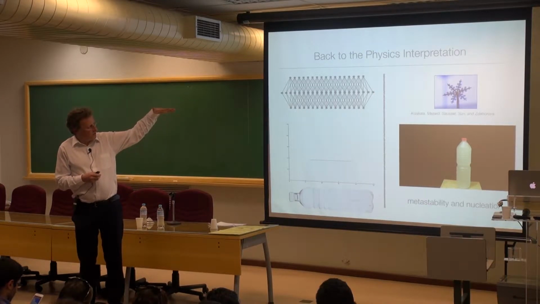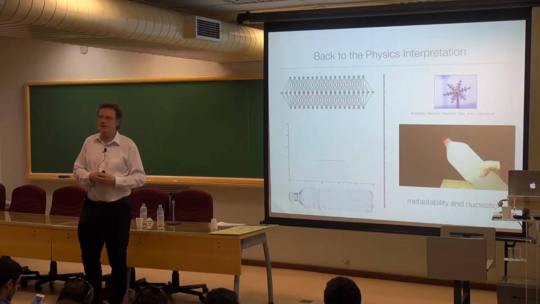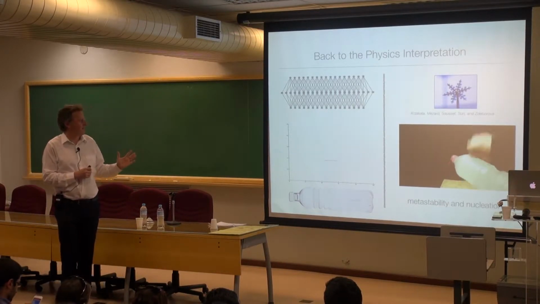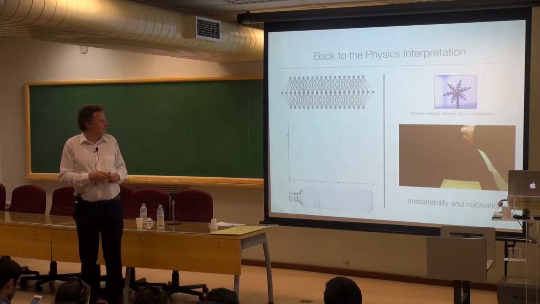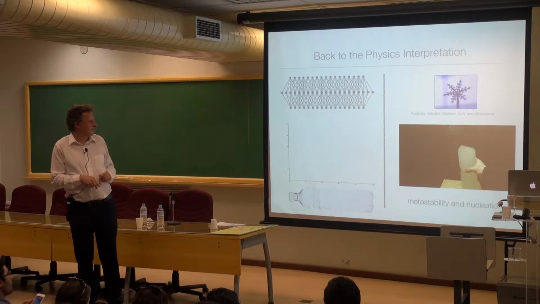And once it gets started, you see it goes down at constant speed, and that's exactly the same as the wave that happens here. And you can actually then try to compute from physical considerations how fast the speed goes, etc. Okay, so this is this metastability and the nucleation process.